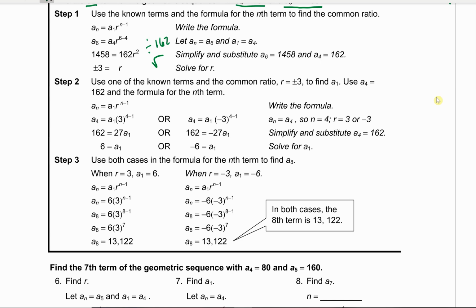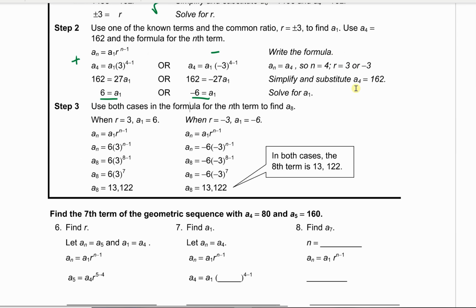So I have to figure out what A1 would be if R is 3. If it's positive, we get an A1 of 6. If it's negative 3, we get an A1 of negative 6. So we actually have to do that step 2 twice because R could be positive or negative. We can't tell based on the information. So then we plug in 3 and 6 and find that 8th term.